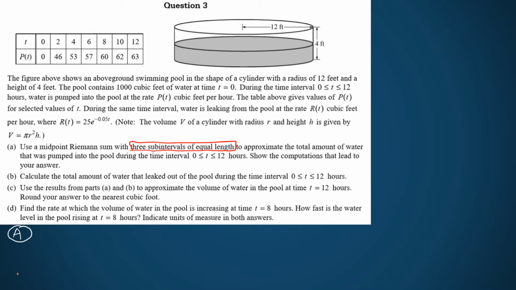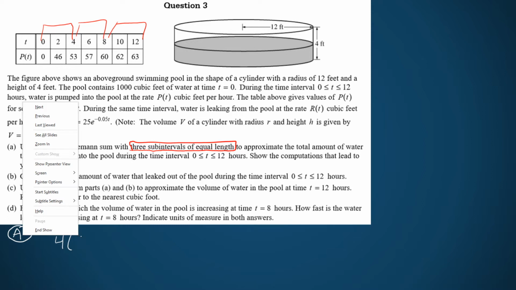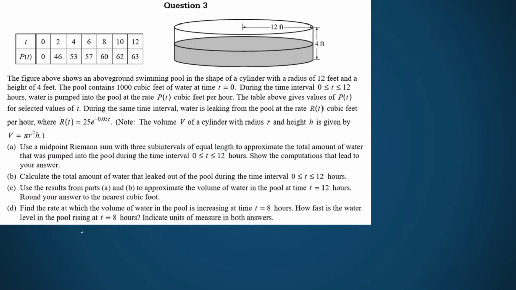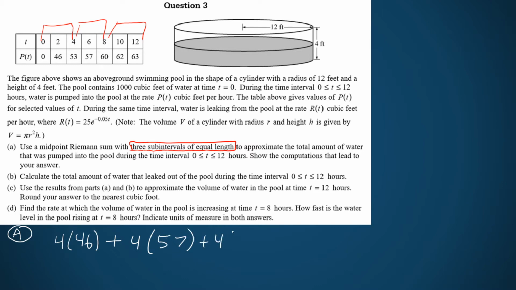So 4 times 46, okay, you're right. So 4 times 46 plus 4 times 57 plus 4 times 62.